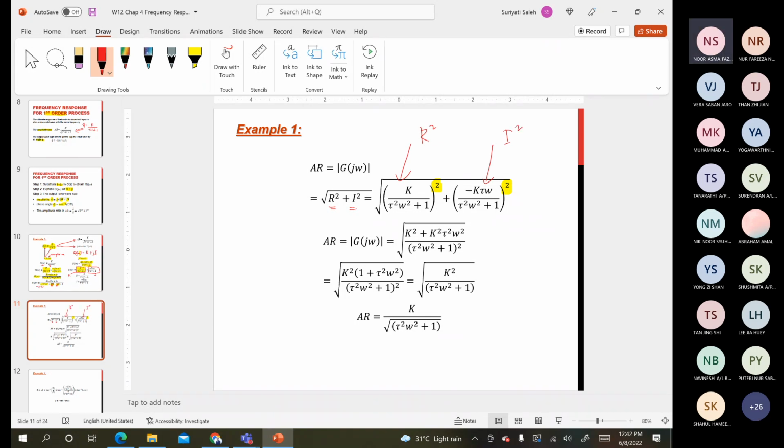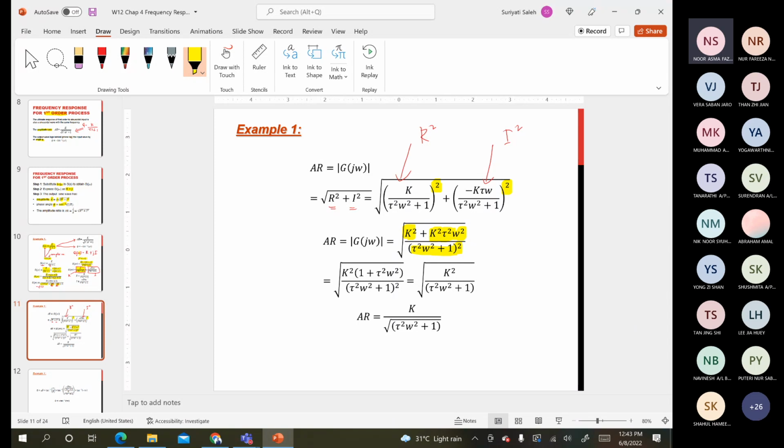Once you obtain that, we can expand our equation. This equation lastly becomes K square plus K square tau square w square, the numerator, divided by tau square w square plus 1, squared, because you have the similar denominator.